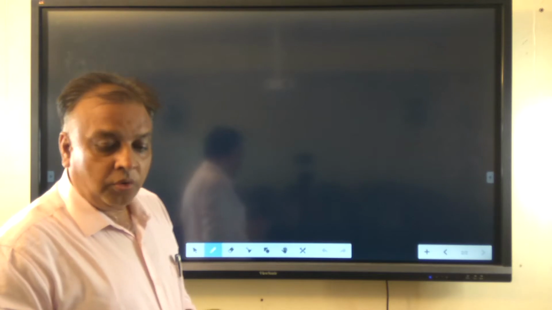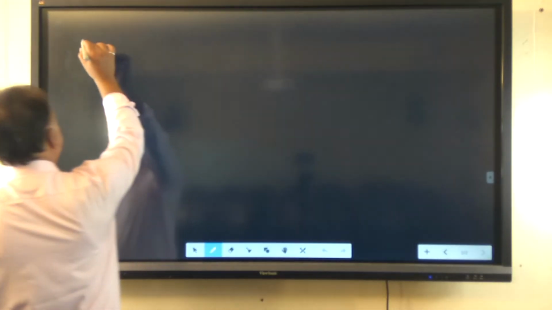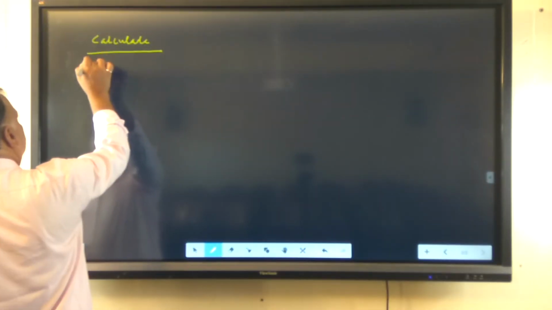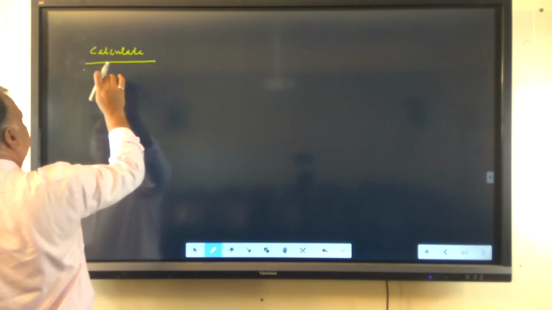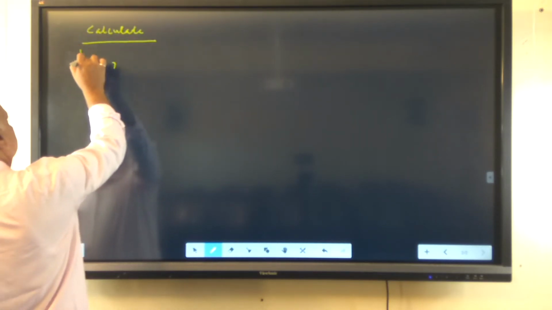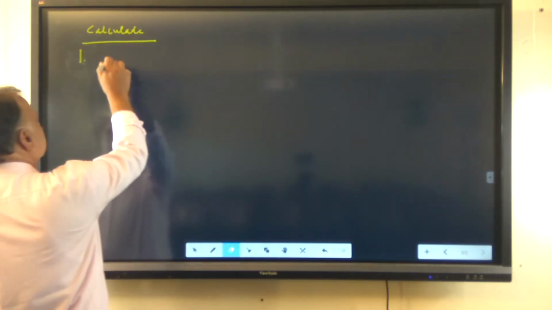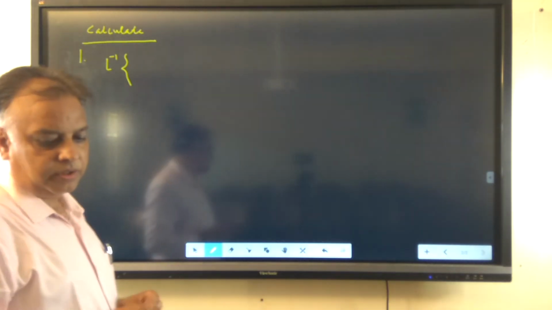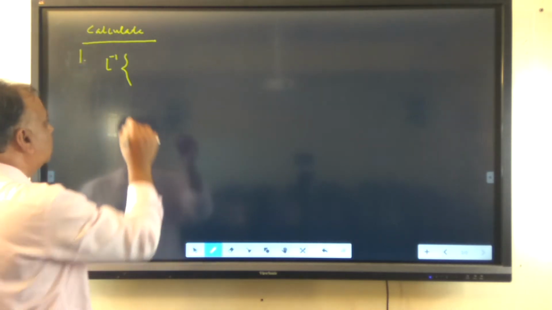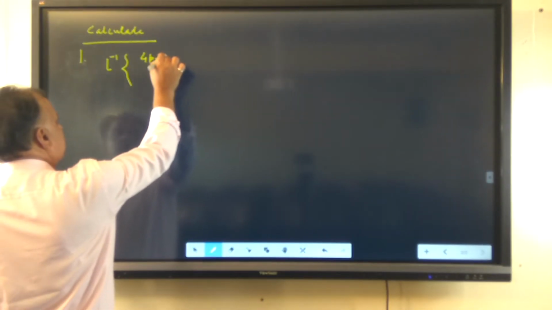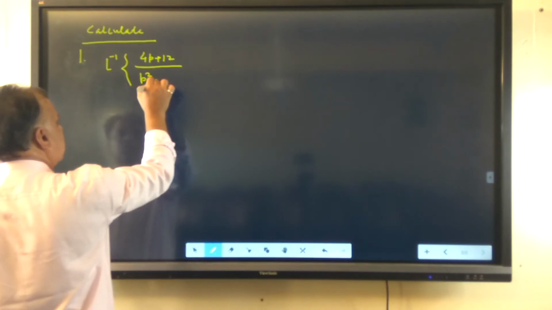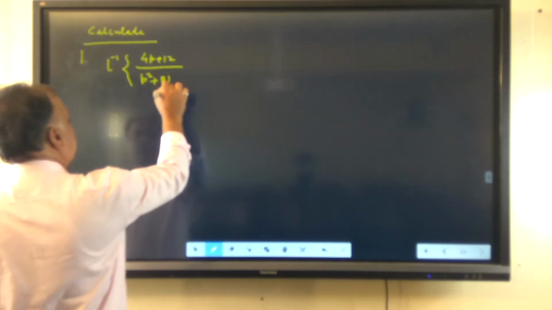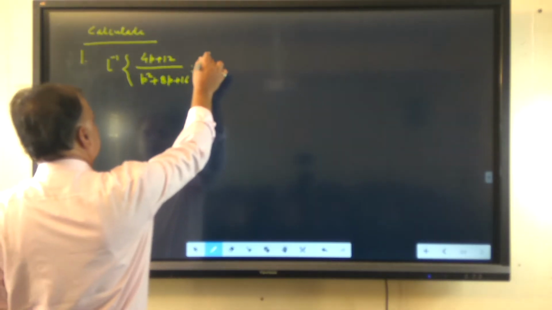So first of all, let us calculate the inverse Laplace transformation of a function given as (4p plus 12) upon (p square plus 8p plus 16) with respect to x.